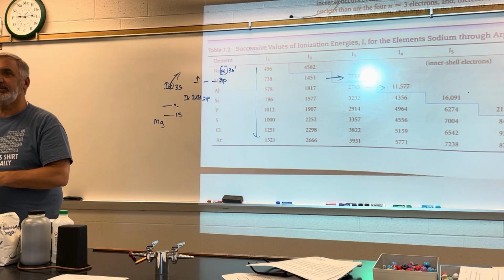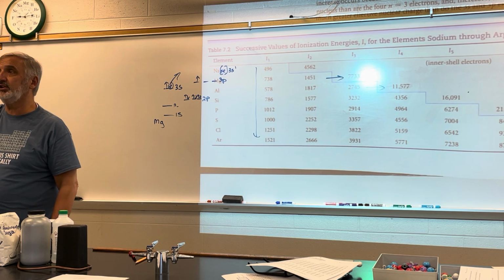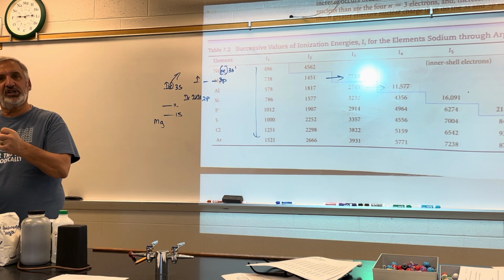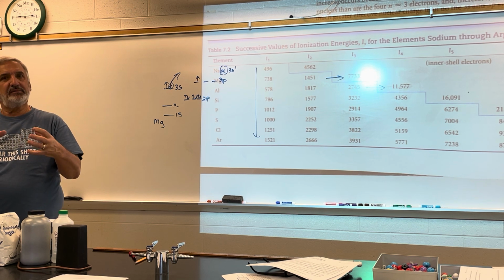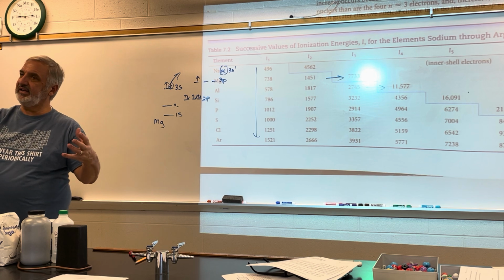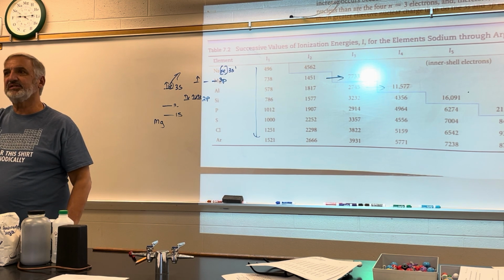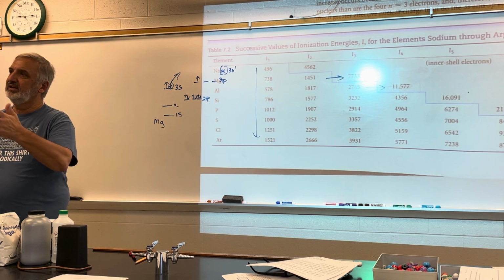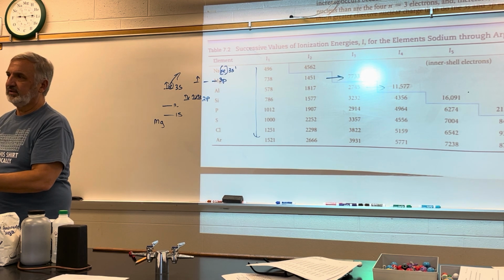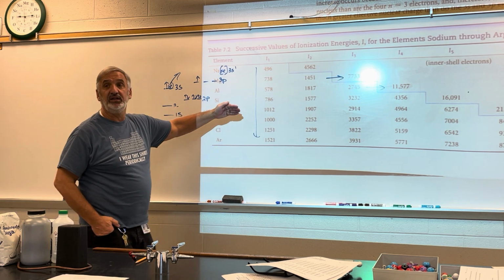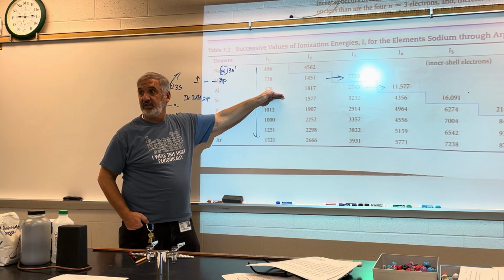The first 3 come out relatively easily because they want to get that noble gas configuration. So there's always a big jump once an atom loses enough electrons to get that noble gas configuration. That tells us, hey, there's something stable about that filled octet. That's what everything tends to want to get to. So this goes hand in hand with our oxidation state.